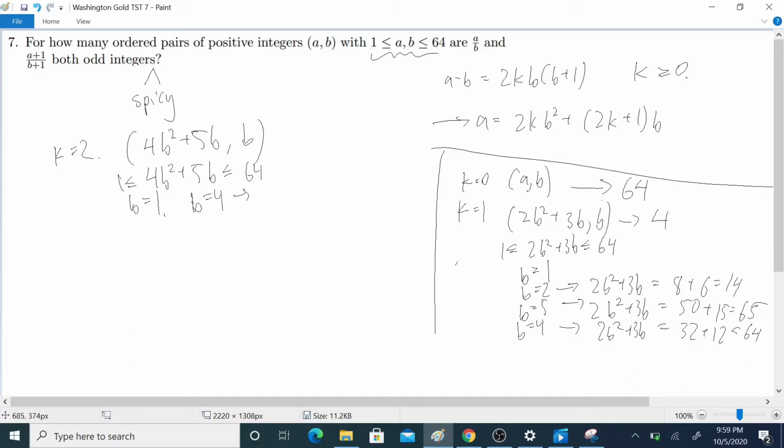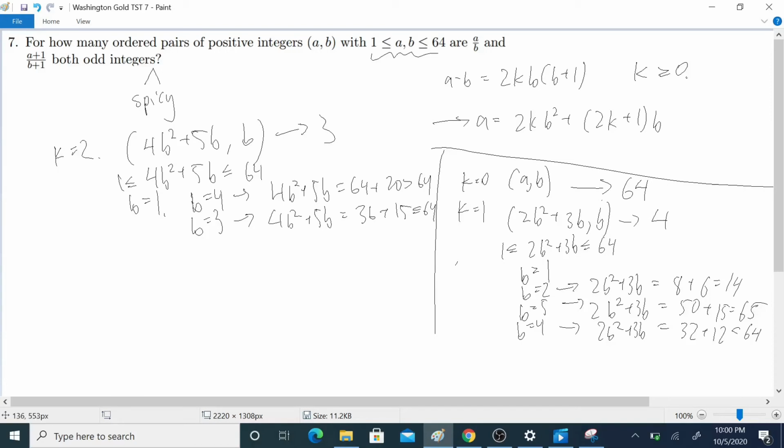If b equals 4, 4b squared plus 5b is 64 plus 20, which is too big. So let's try b equals 3, because this function grows super rapidly. 4b squared plus 5b is 36 plus 15, which is small enough. So for k equals 2, we have 3 solutions, for b equals 1, 2, and 3.